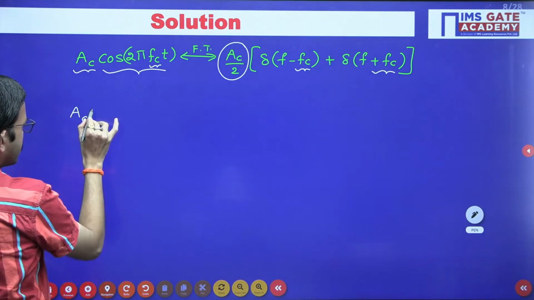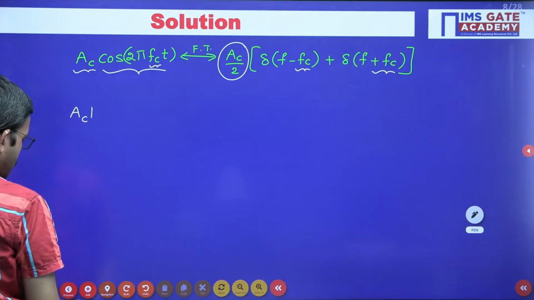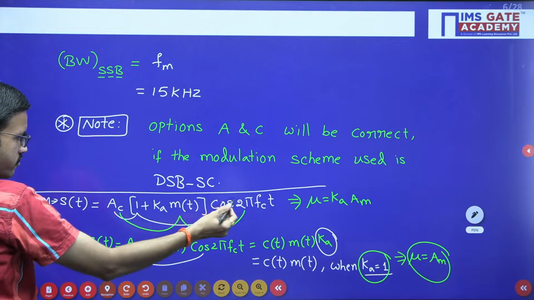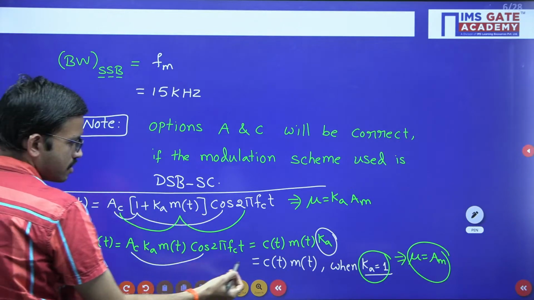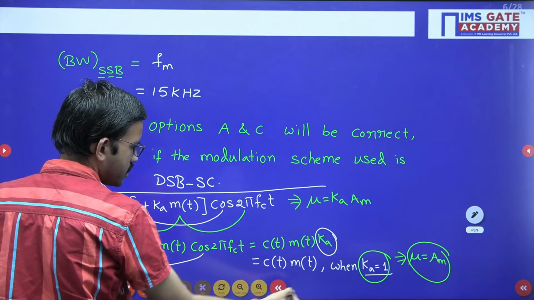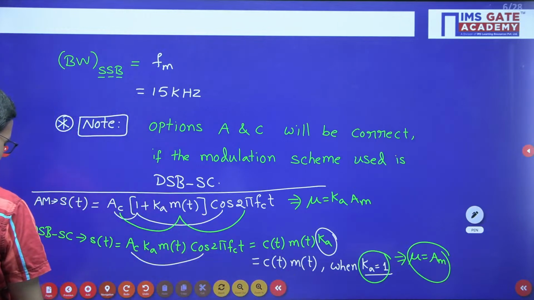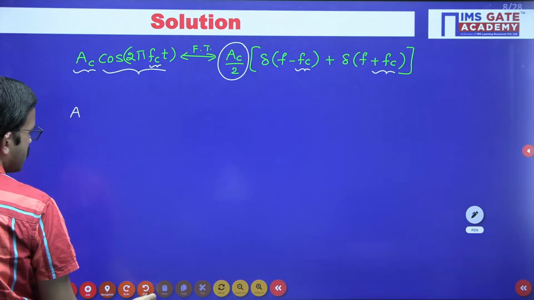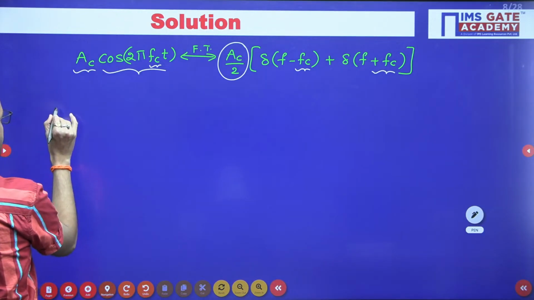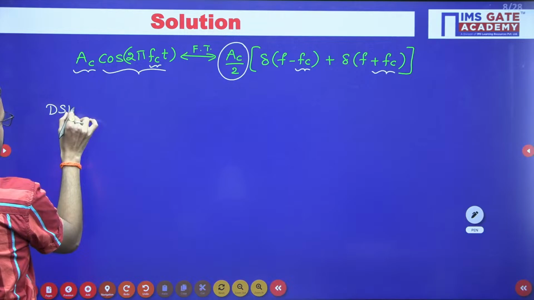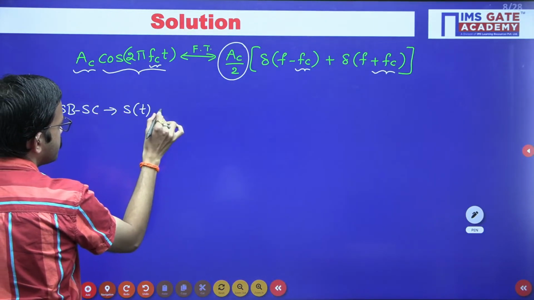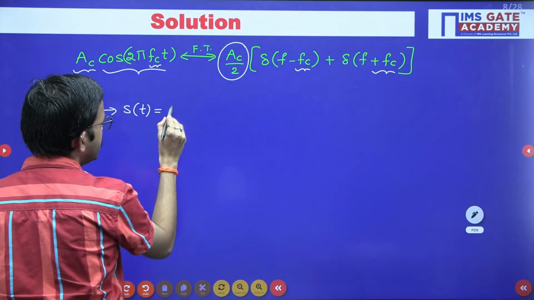Initially we have Ac K into m(t) cos 2πfct. So what we got is c(t) into m(t). Regarding DSB-SC, when you consider it, you have the equation c(t) into m(t).